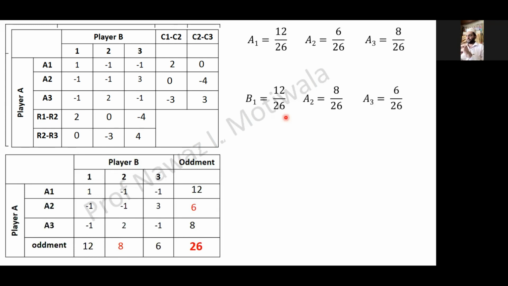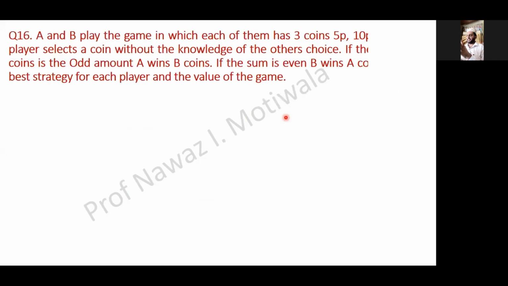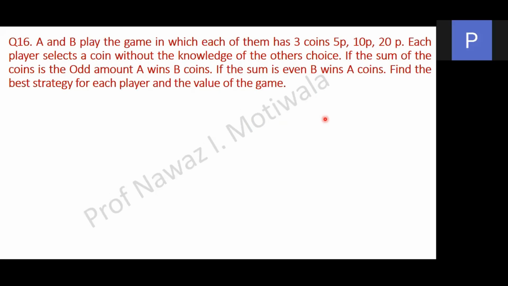Now one more question where I just need to form a matrix, and then you can solve it further by the regular procedure. This question I have already posted on the WhatsApp group. This question was asked in the previous year's paper, December 2019. A and B play a game in which each of them has 3 coins, 5 paise, 10 paise and 20 paise.